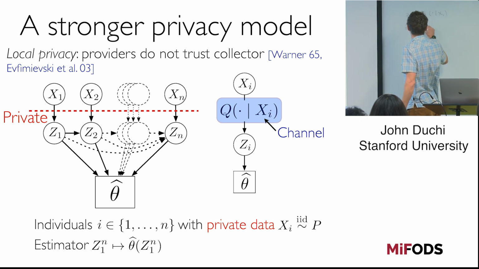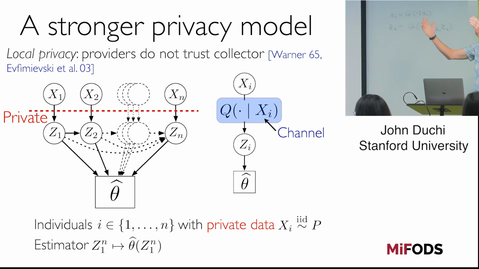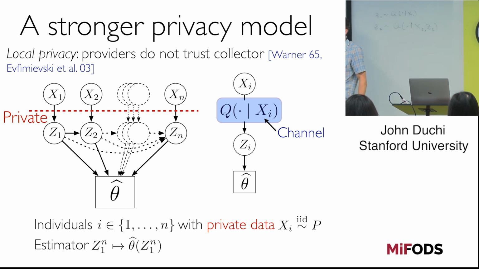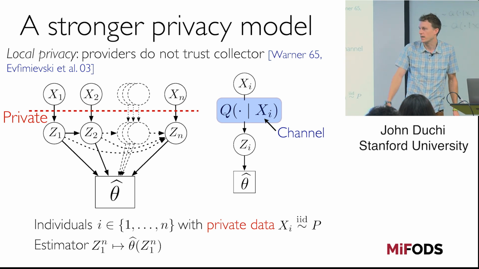So Z2 is drawn from some channel that depends on both X2 and Z1. Yeah, the person can see all the previous Z's, or since I'm the statistician, I am allowed to choose that. I can choose whatever channel we're using as long as it's going to guarantee some kind of privacy.